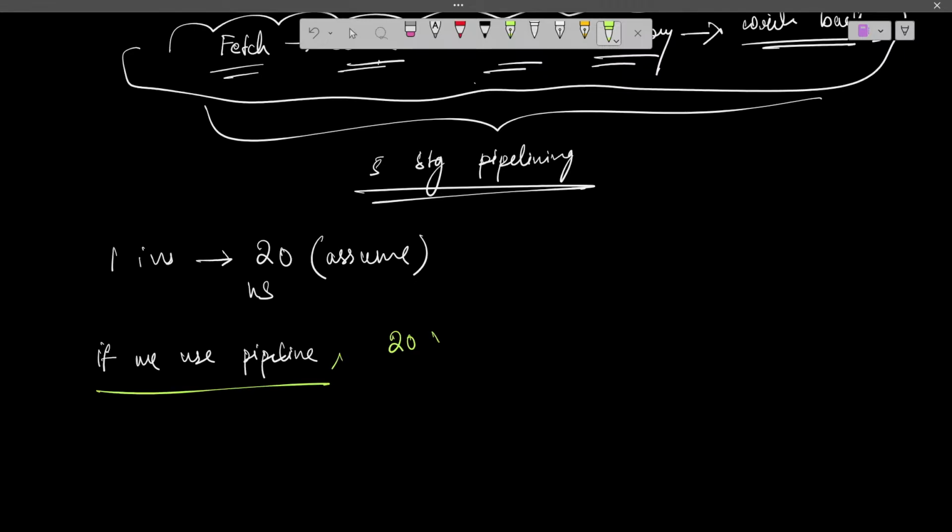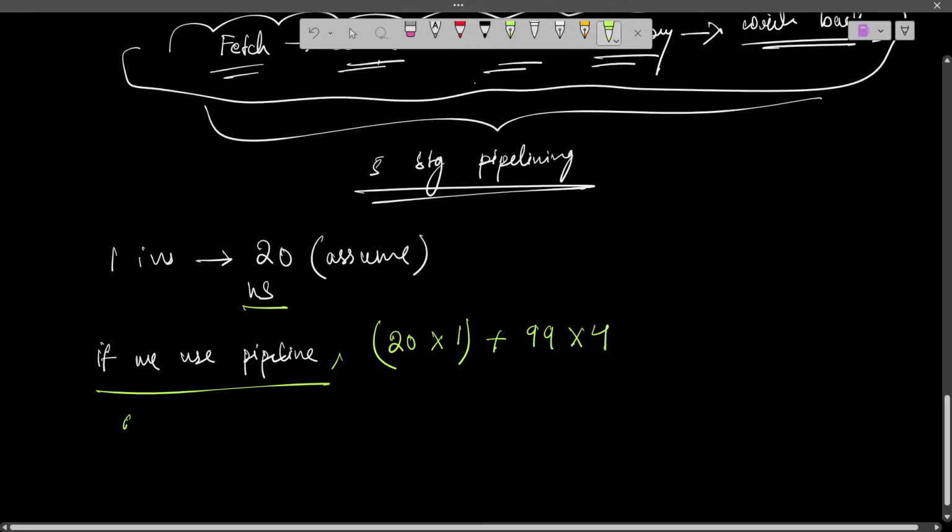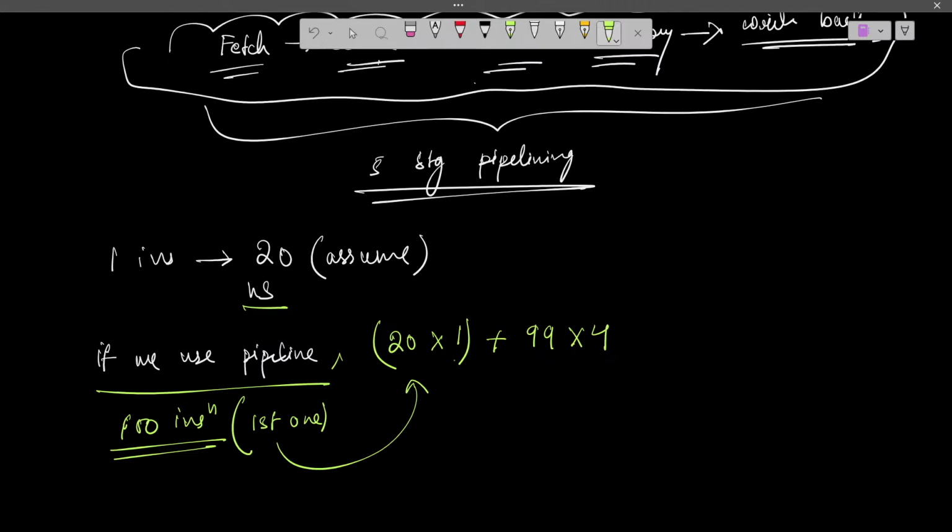First 20 into 1, where just one instruction takes 20 nanoseconds, plus 99 into 4. Why 99 into 4? Because we are presuming that we have 100 instructions. So the first one just takes 20 nanoseconds, and after that each takes 4 nanoseconds.